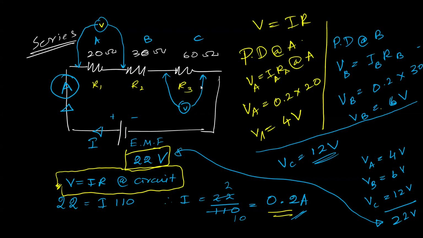Yeah, these are the possible questions they might ask in series. Voltage, individual voltage. Current they can't ask individually because current is same. So total current and addition of the resistors. These are easy compared to the parallel one. So let's go to parallel.